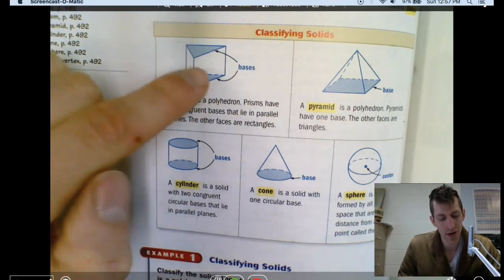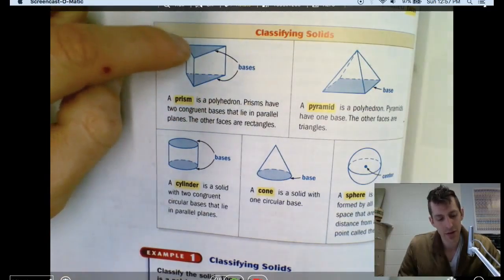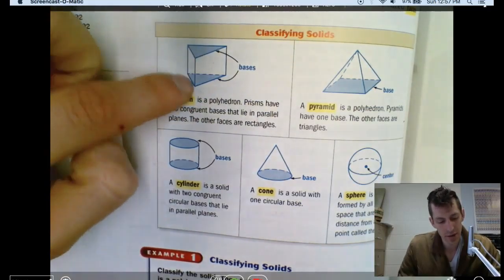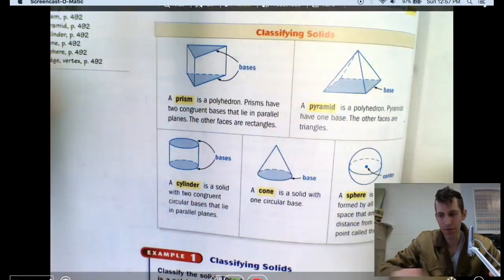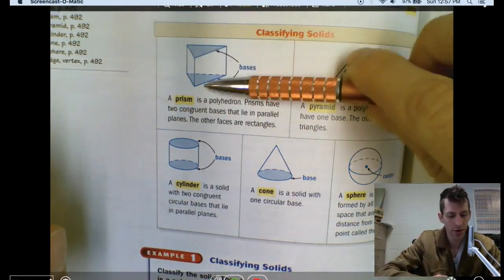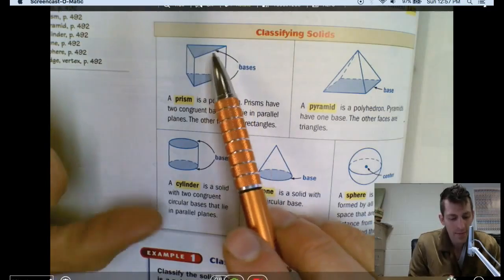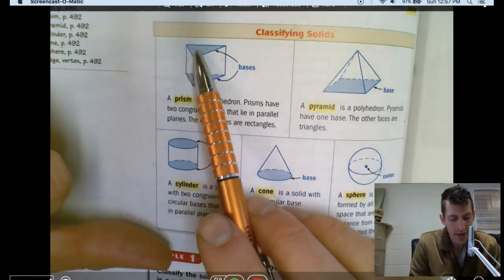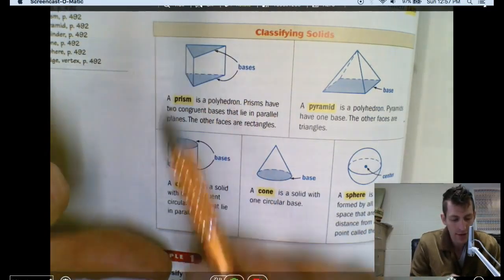The other faces are rectangles. So here's a triangle base, another triangle base, and they are perfectly parallel to each other. And the sides that connect these 2 bases are rectangles.